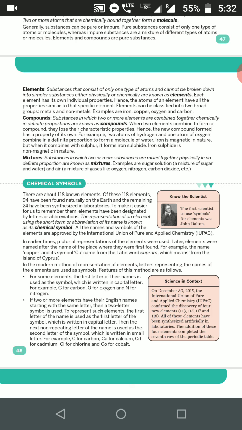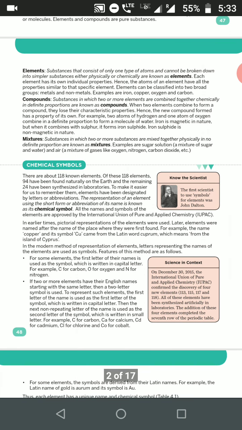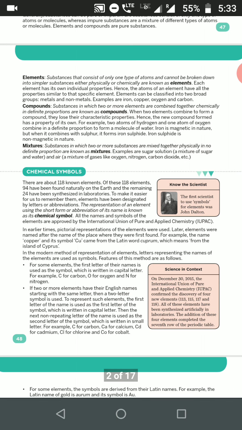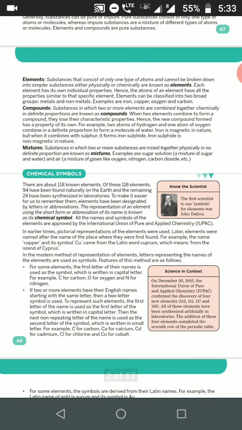For example, C for carbon, Ca for calcium, Cd for cadmium, Cl for chlorine, and Co for cobalt. See, they are starting with the same letter, so we started using another letter. The first letter should be the capital letter and the second letter should be a small letter.